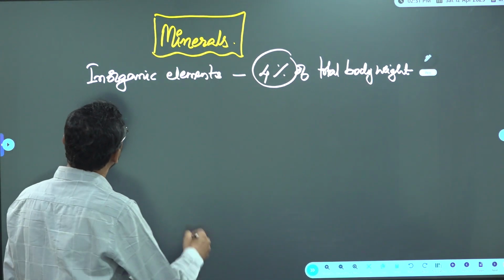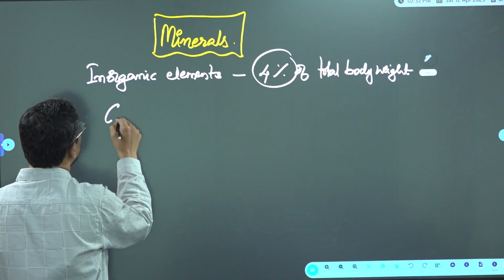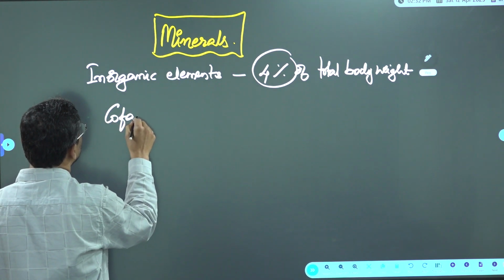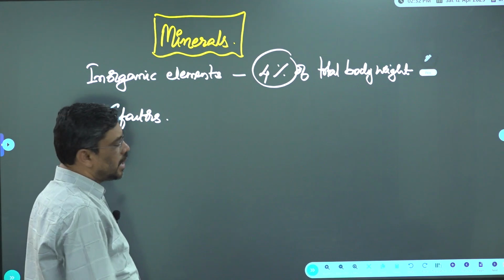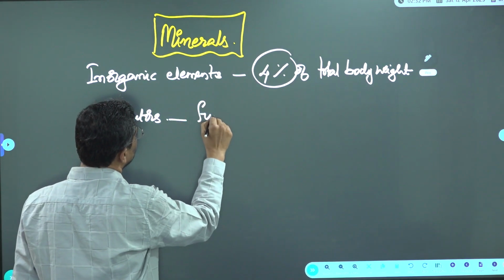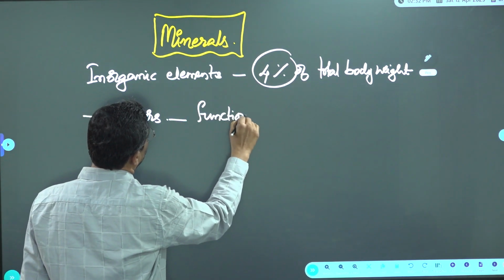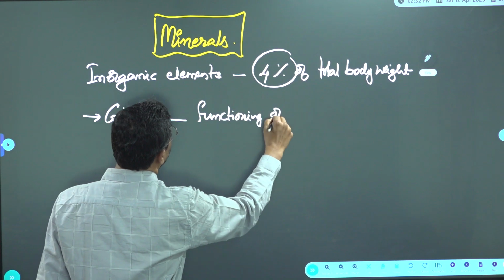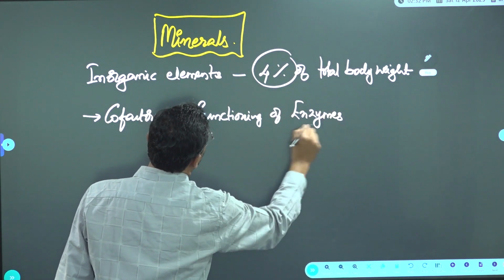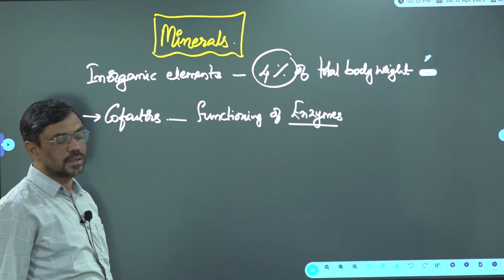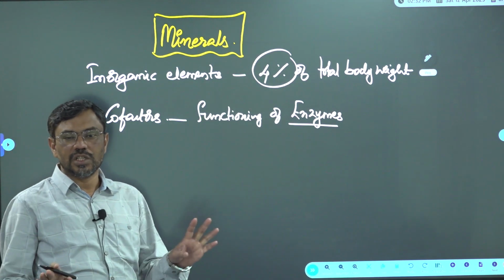These inorganic elements act as cofactors. Cofactors means they are required for functioning of enzymes, and they are also involved in the construction of the body organs. They won't provide any energy.